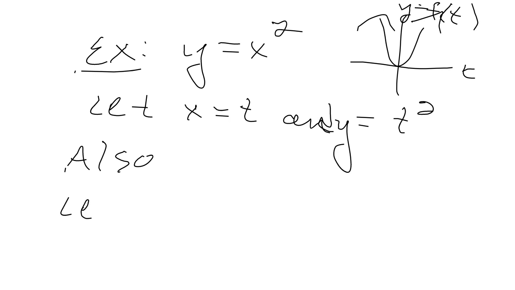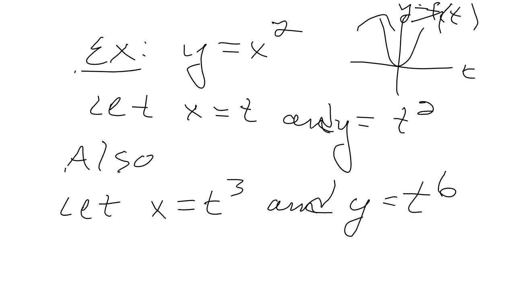We could also let x equal t cubed and y equals t to the 6th. So if I did that, I'm going to have the exact same graph. Because t cubed quantity squared, the power rule, right, is t to the 6th. So that's the exact same graph.